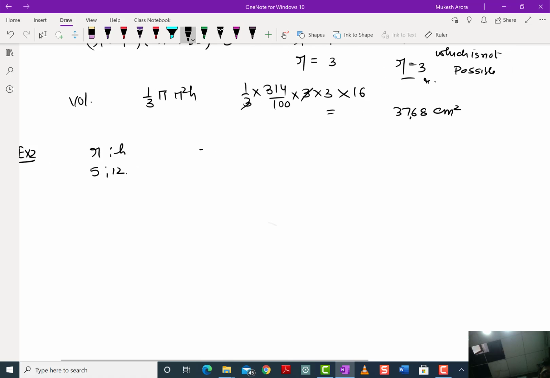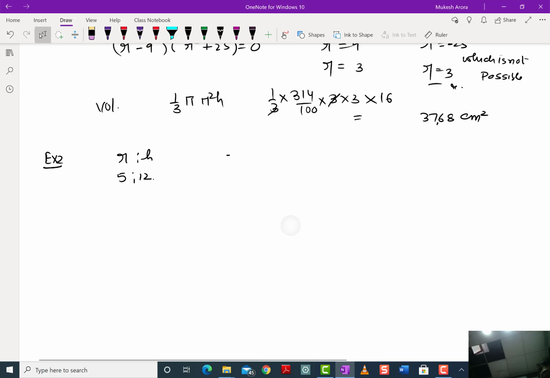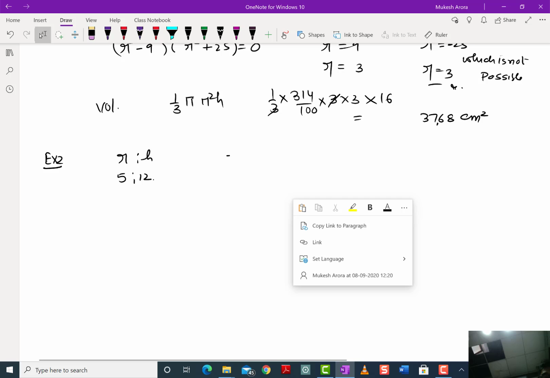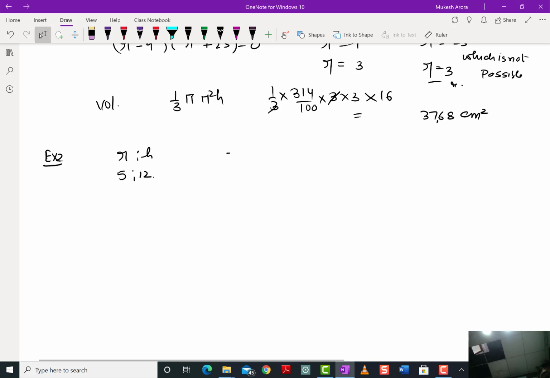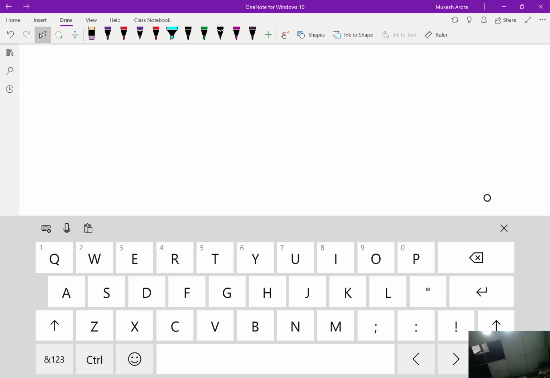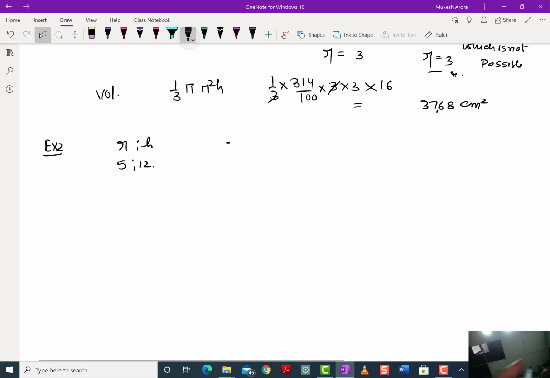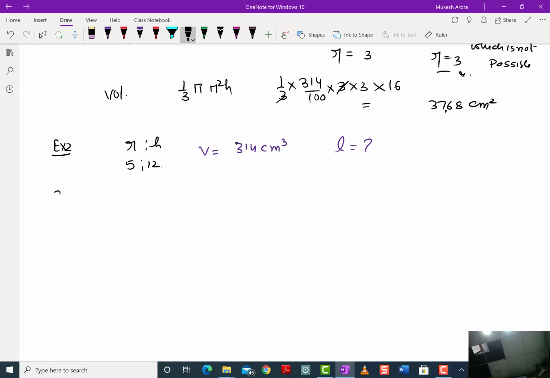If the volume is 314, volume is equal to 3.14, so volume is 1 upon 3 pi r square h is equal to 314.